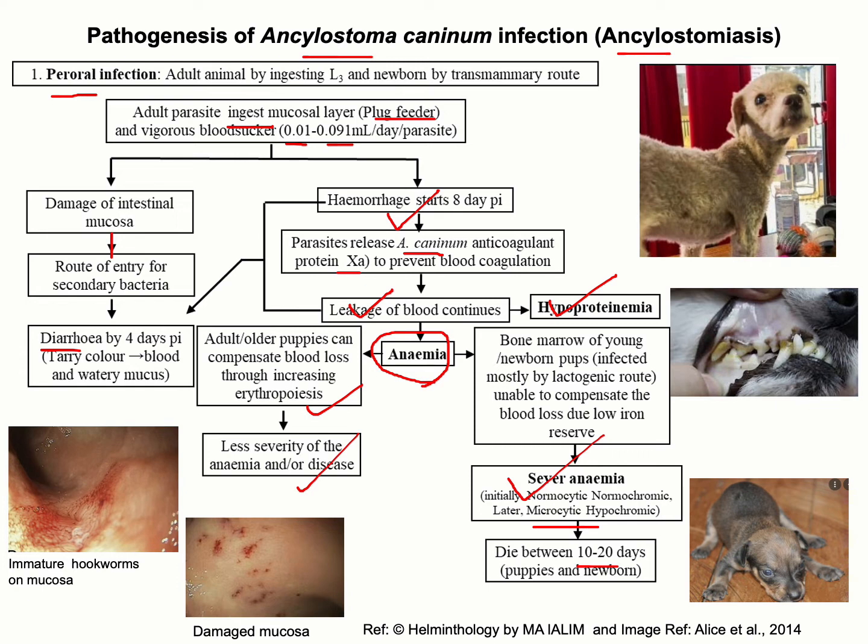The feces will be tarry in color, with the presence of some watery mucus. In this picture you can see the immature hookworms on the mucosal layer, and here you can see the damage caused by the parasite.